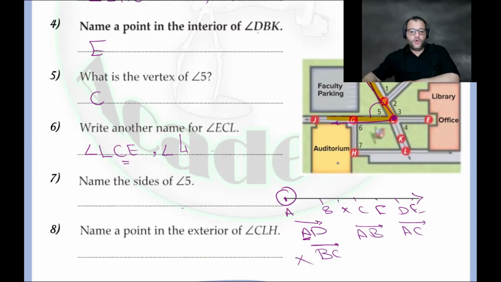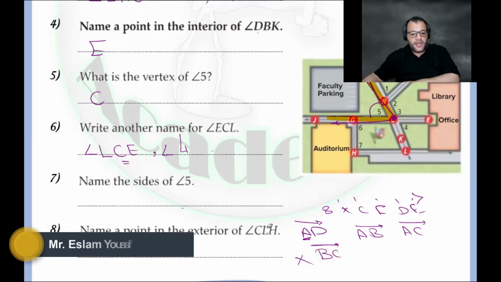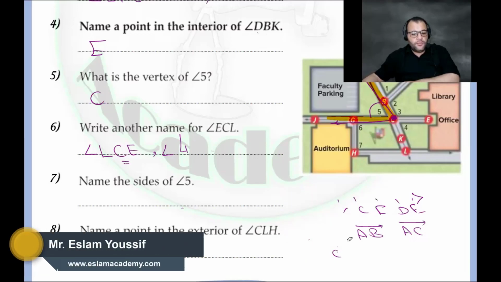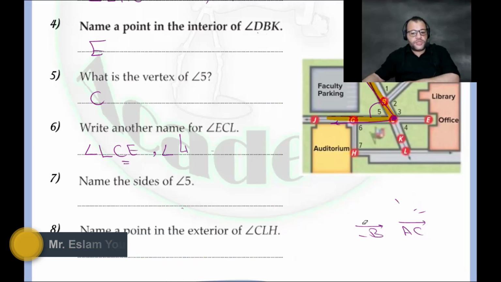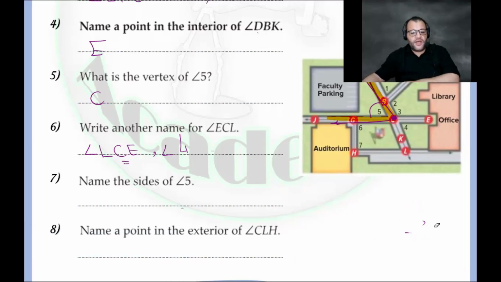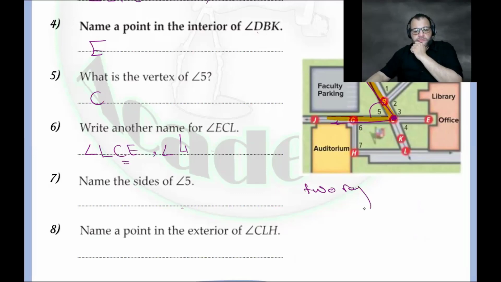Yes. Okay, so when I need to name the side of the angle, I have to start from the vertex. That's the starting point, because if you remember the definition of the angle. What is the definition of the angle? Two rays with the same starting point.